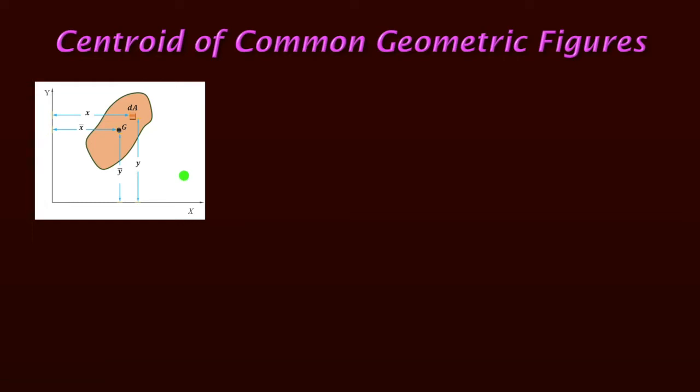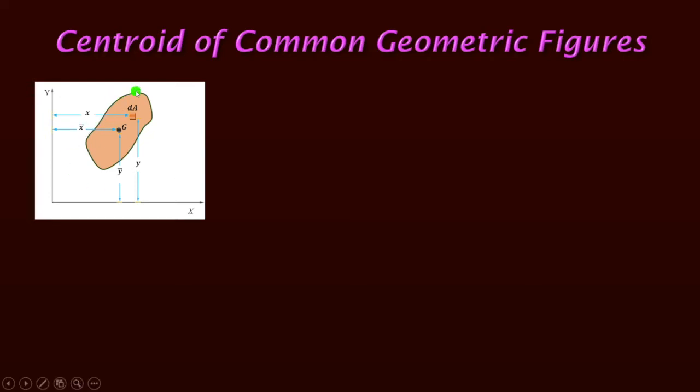Because in the parallel axis theorem there is a term y bar, which is the distance between two parallel axes, one passing through the centroid and the other any axis. It is also the coordinate of the centroid. So we have to find the coordinate of this centroid.